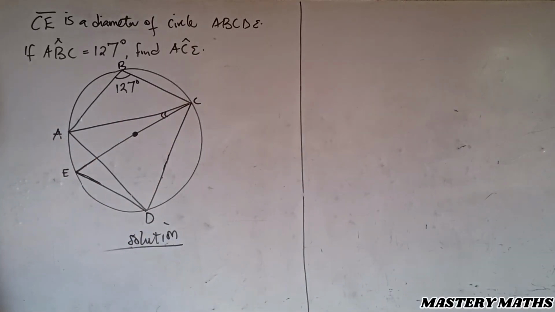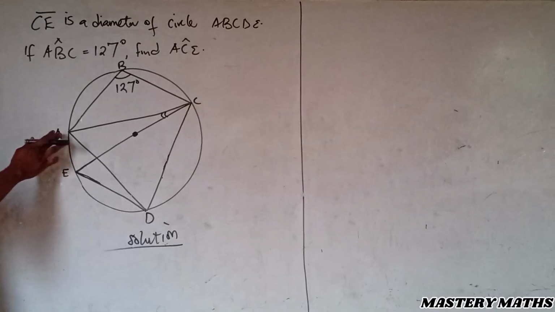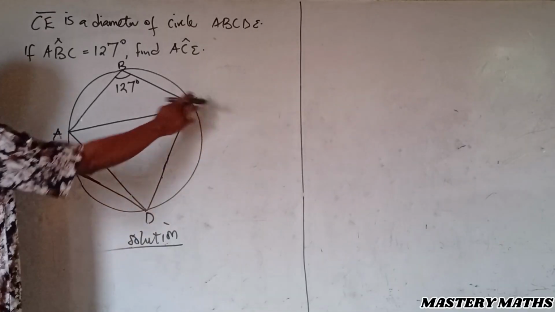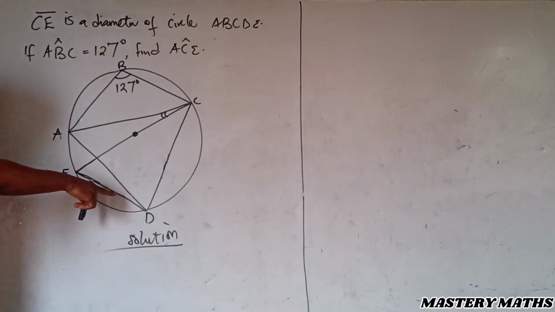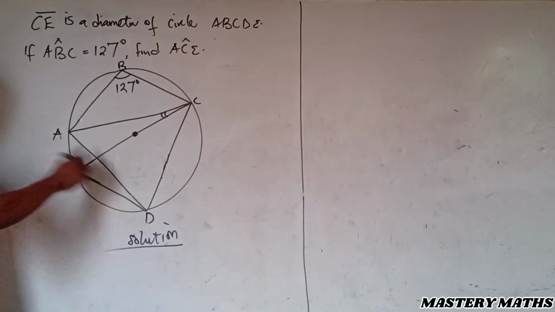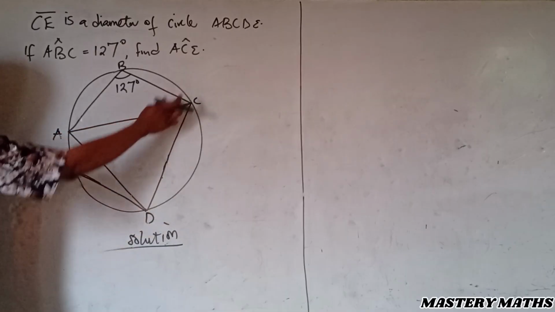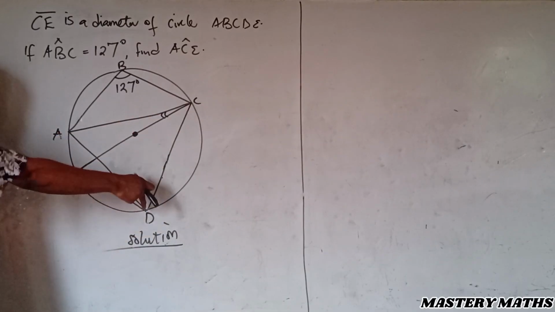Now, how do we solve? First of all, let's solve for ADC. If you watch, we have two angles there. We have the quadrilateral and we have the right angle triangle in this same place.